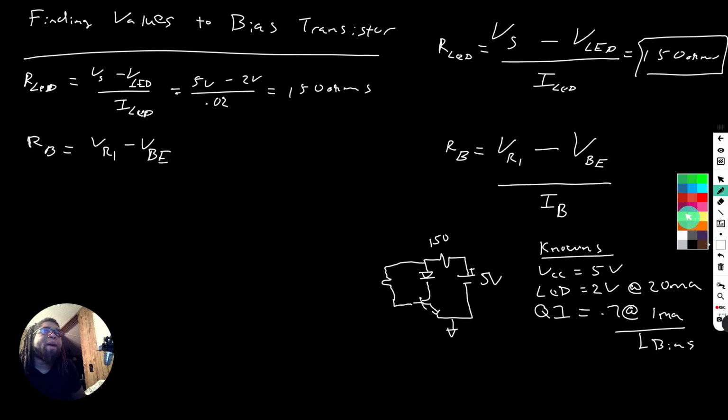When we talk about the bias voltage, we're really talking about the voltage between the base junction and the emitter junction. As I talked about in my last video, the transistor is made up of these relationships between these junctions, and each junction is going to have a certain voltage. We call that the bias voltage of the junction.